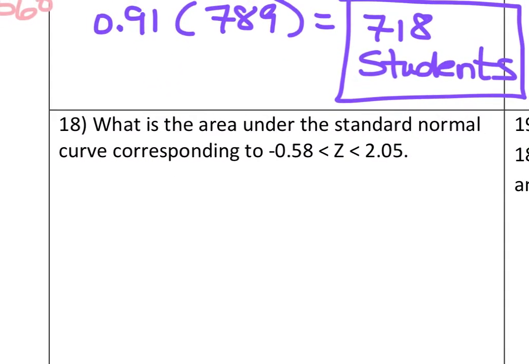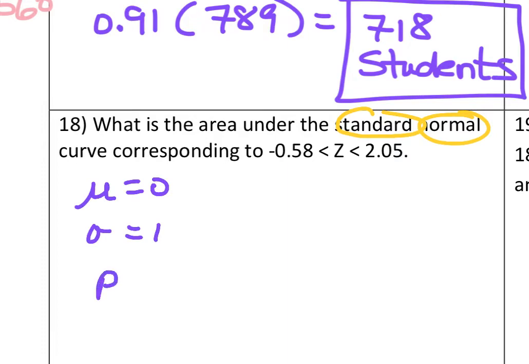Now, this problem uses the word standard normal curve, and that means that the mean is 0 and the standard deviation is 1. And so you're literally going to go second VARS and then number 2 for normal CDF.